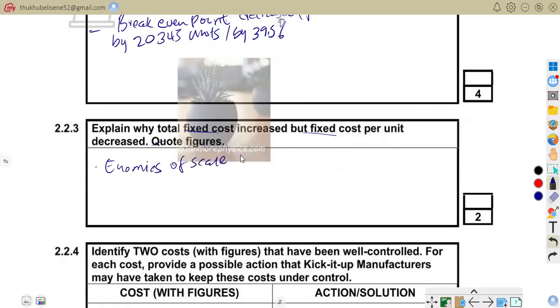Economy of scale was achieved due to increased production.